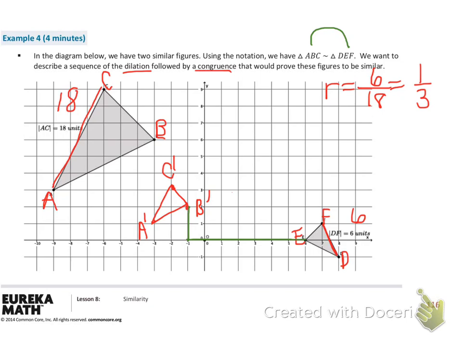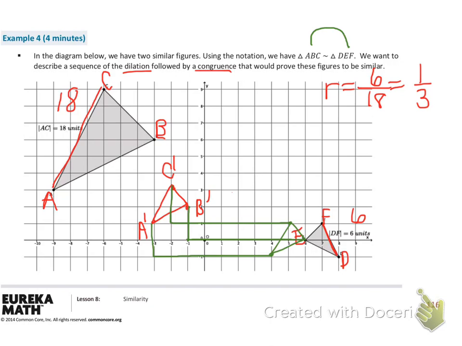If I take all the points of this triangle, I'm going to take C down 2 and over 7. It will be right here. And then A goes down 2 and over 7, and it ends up here. So now my triangle sits right there after the translation.